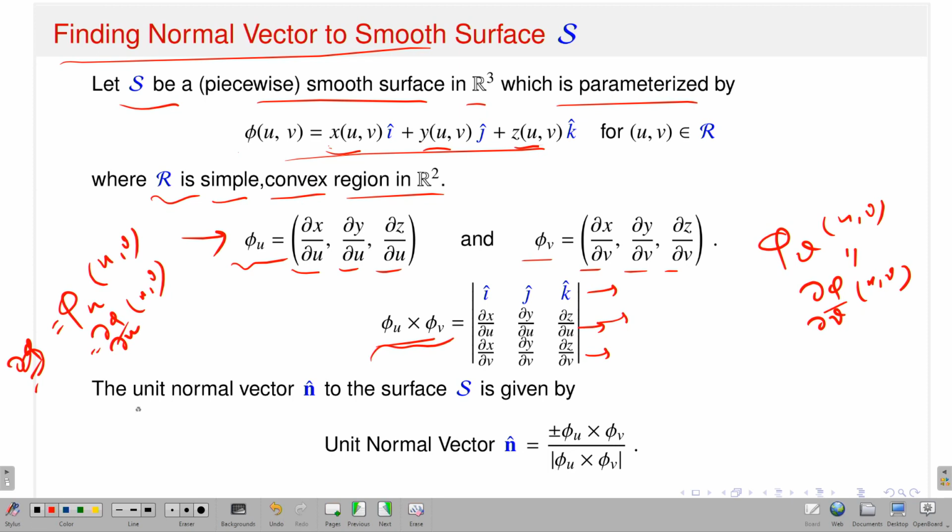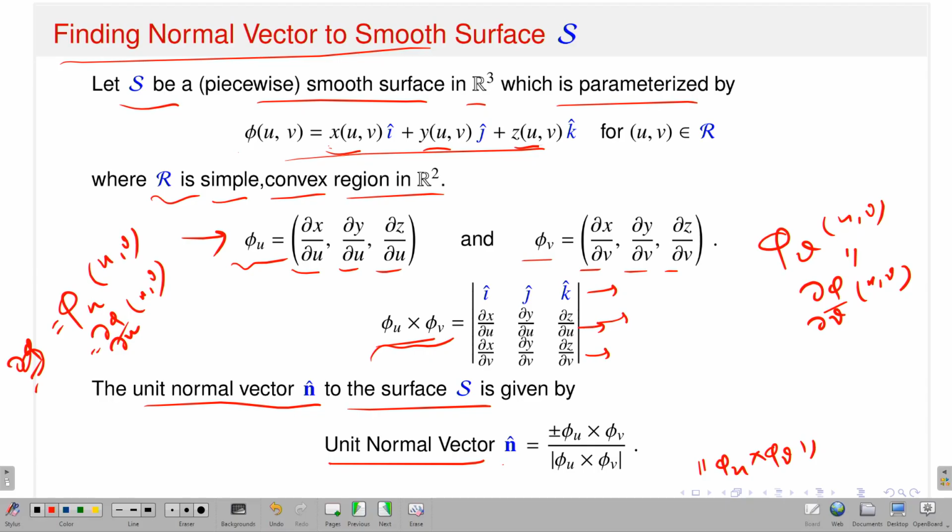Then I am defining the unit normal vector n cap to the surface S. Phi u cross phi v will be there, and you have to divide it by the norm, because I am talking about a unit vector; either mod or norm, it doesn't matter. And plus minus, of course: plus means the outer direction and minus means the inward direction, that's the meaning of plus minus.